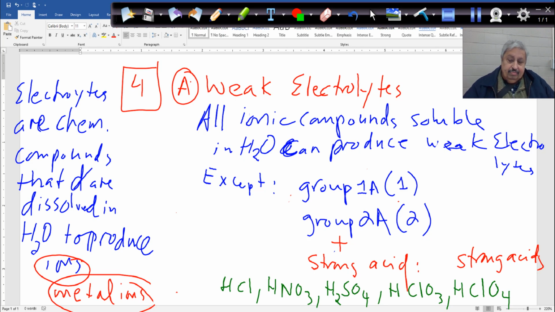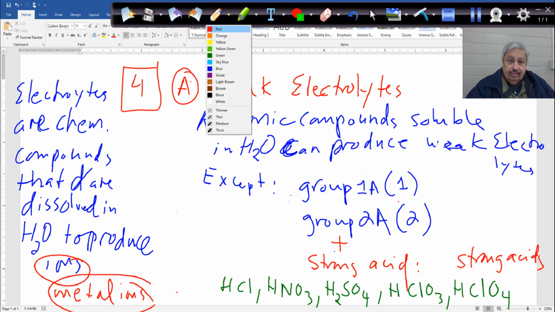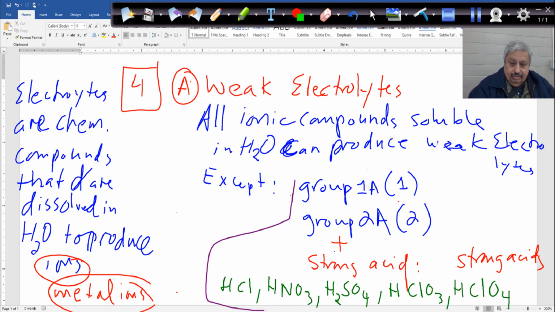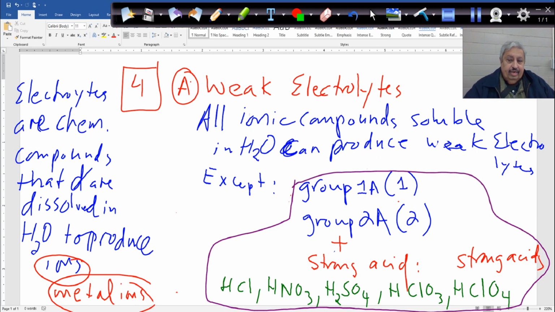Those are examples of strong acids. They dissociate and give you strong electrolytes, correct? So the opposite of the weak, those are considered to be strong, because they are dissociating in H2O 100%.